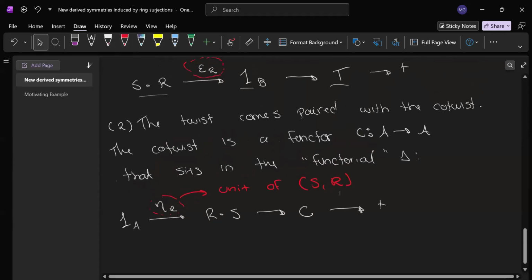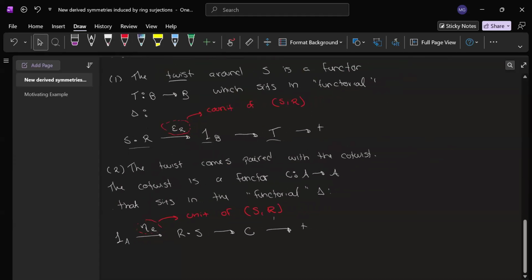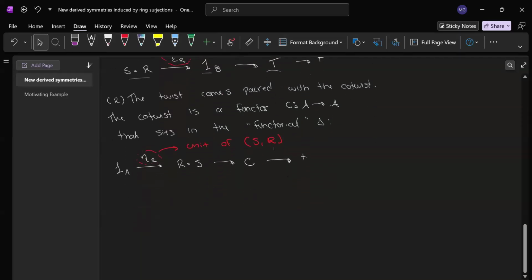So these are the definitions of twist and cotwist around functors, and what's really interesting about this formalism is that properties of the twist and the cotwist are very closely related. So we can often deduce properties of the twist by knowing properties of the cotwist. One example of when this happens is this theorem here by Addington and Anno and Logvinenko.